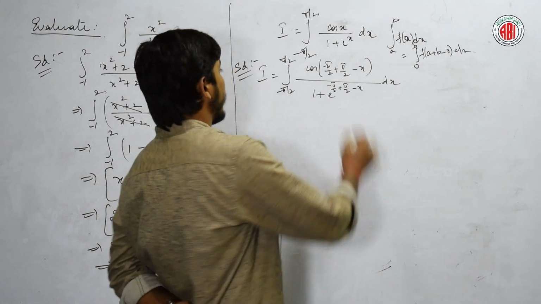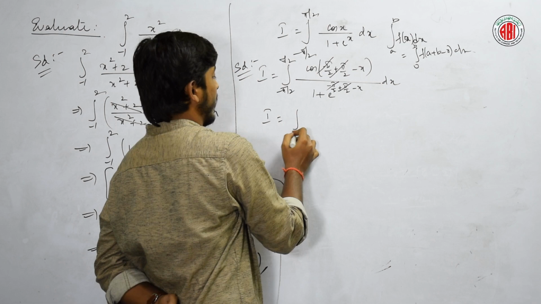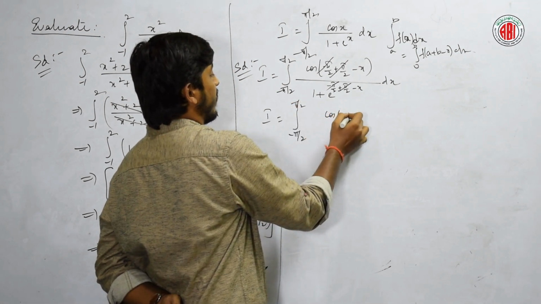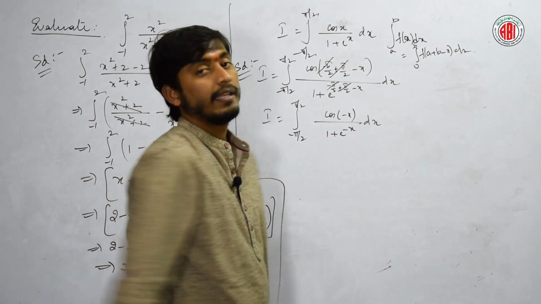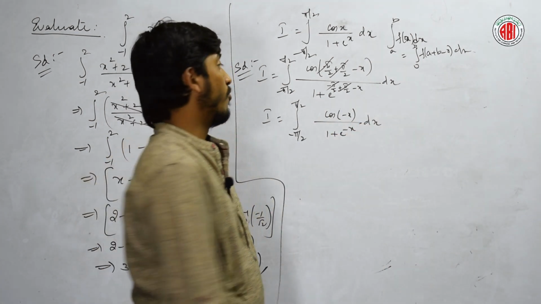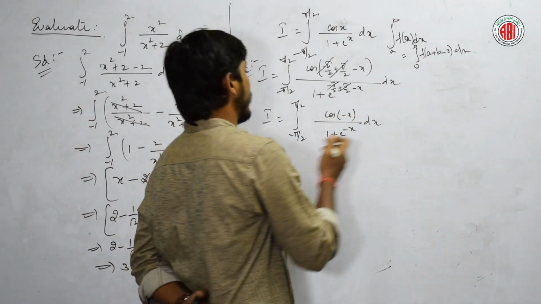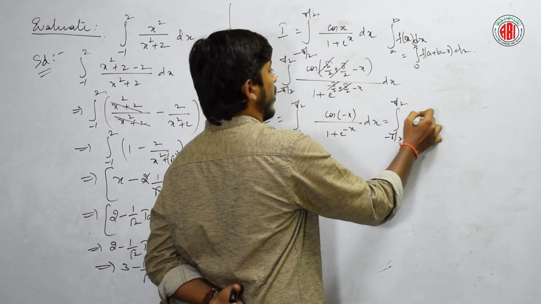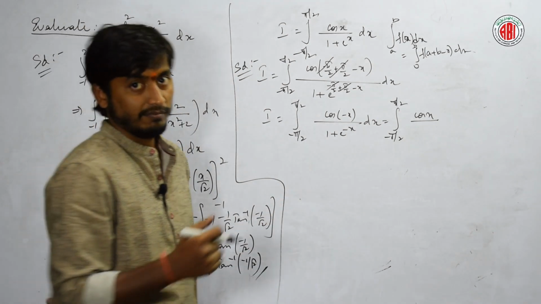Clear? Now if you observe, these both will get cancelled. I will get I is equal to integral from minus pi by 2 to pi by 2 of cos of minus x by 1 plus e power minus x dx. Is it right? So what is cos of negative x? Which is always positive. Right? So this is integral from minus pi by 2 to plus pi by 2 of cos x divided by 1 plus e power minus x, which can be written as 1 by e power x.